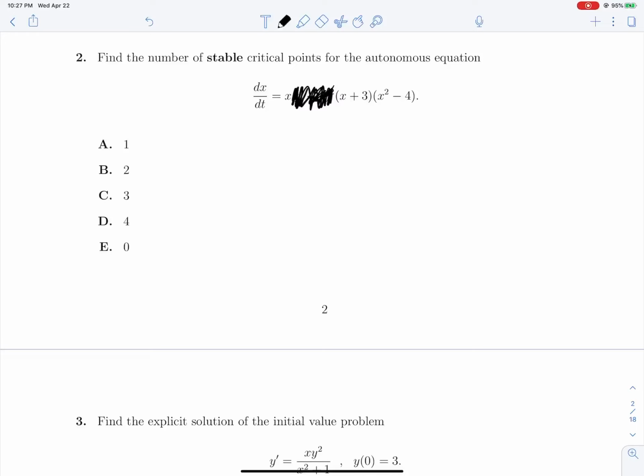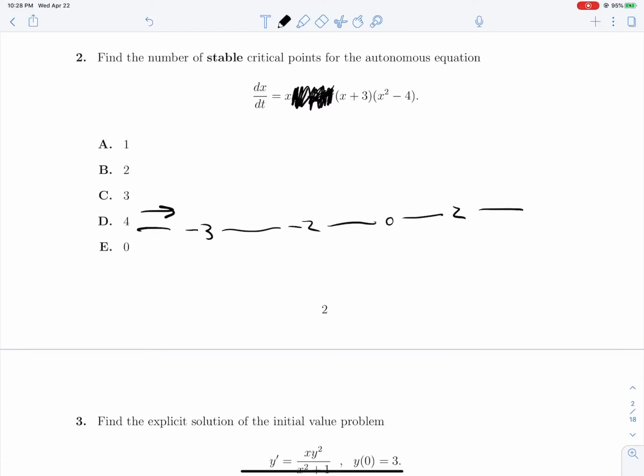So now we're left with roots of -3, -2, 0, and 2. So we have to check all of these. If we plug in -4, we will get a negative times a negative times a positive, so we'll get an upward slope there.